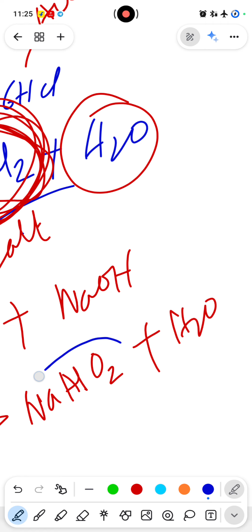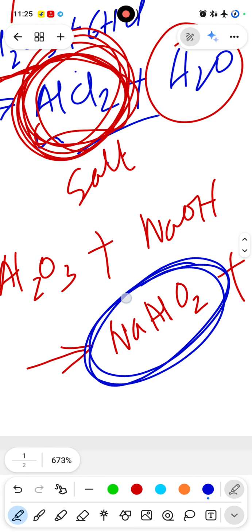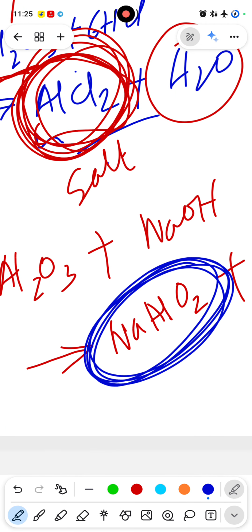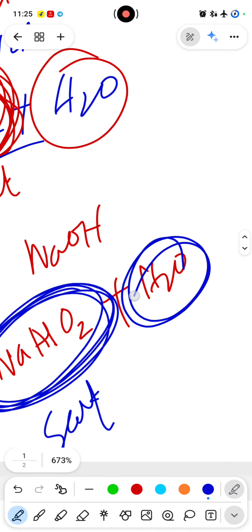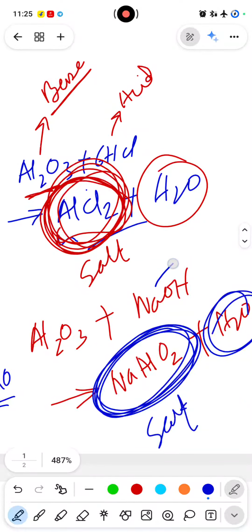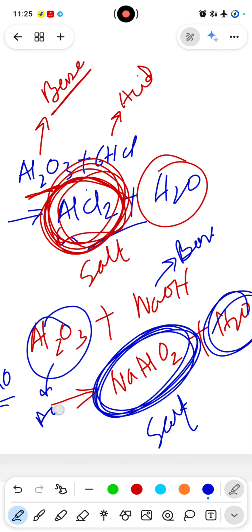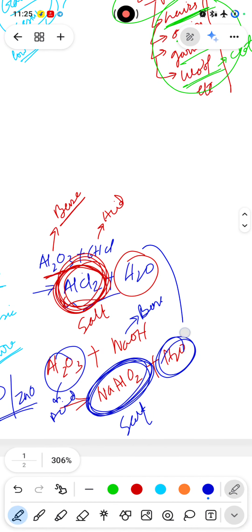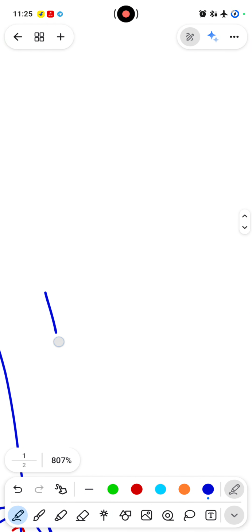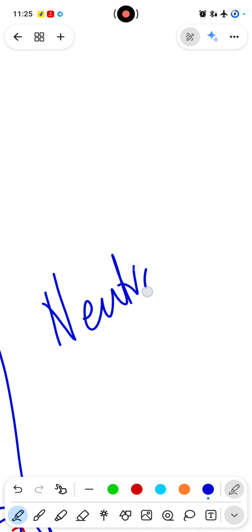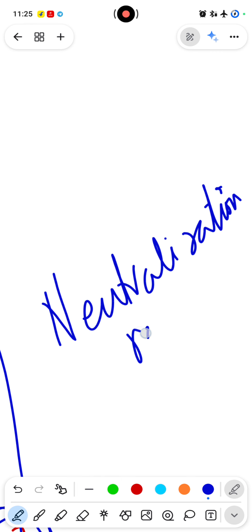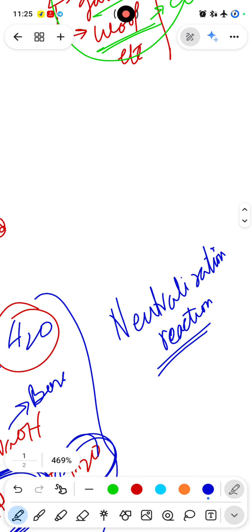Now here this sodium aluminate formed is basically a salt, and that is water. So that means this is a base, and hence here aluminum oxide reacts as an acid, and both undergo a neutralization reaction, which is quite a strange thing.